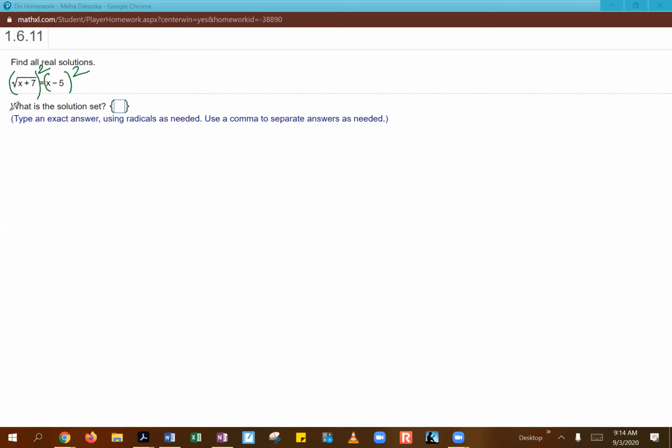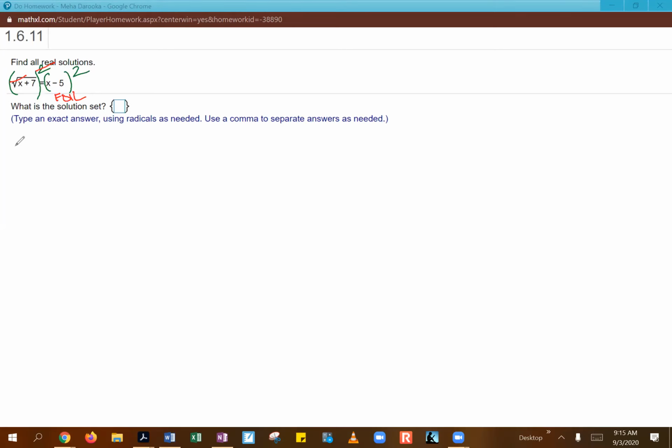Okay, so square the left-hand side, square the right-hand side. Now, of course, on the left-hand side, that square root and the square will cancel out. On the right-hand side, since we are doing x minus 5, the whole quantity squared, we want to use FOIL on the right-hand side. So we'll multiply the right-hand side.